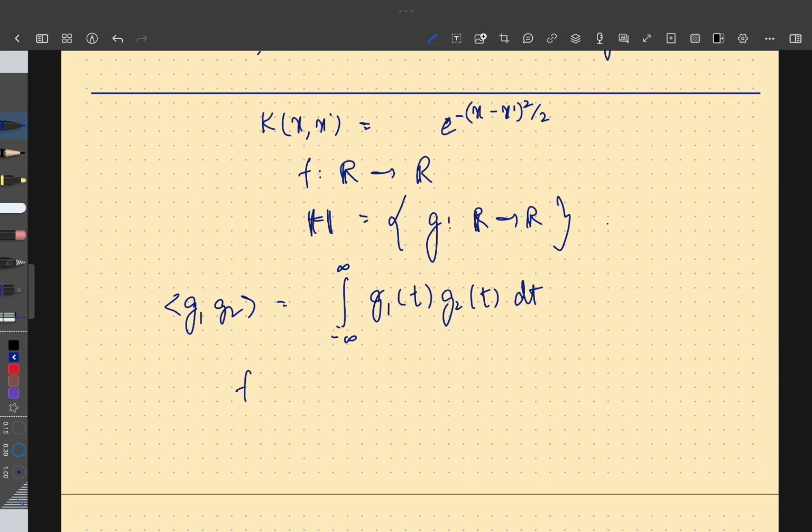Then what I want to say is that f of x can be written as the integral from minus infinity to plus infinity of f prime of t, e to the power minus x minus t the whole square by 2 dt, where this f prime is the representation of f in the reproducing kernel Hilbert space.